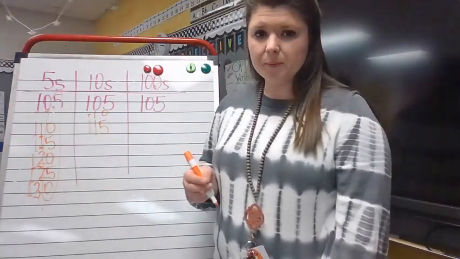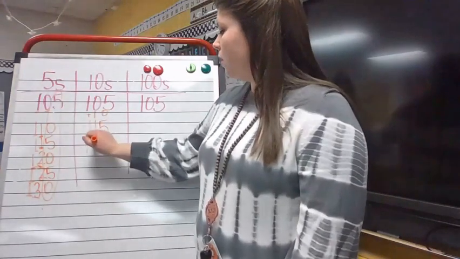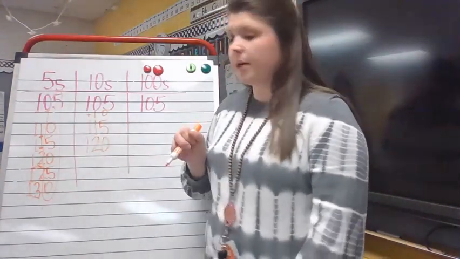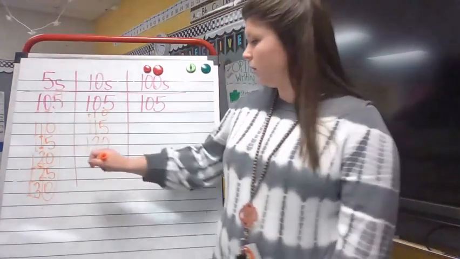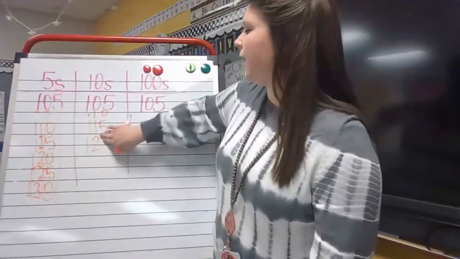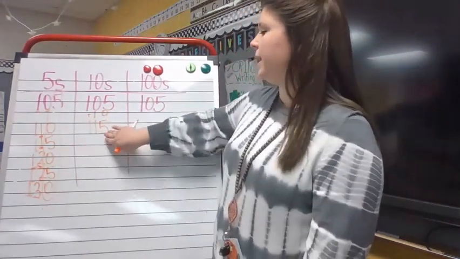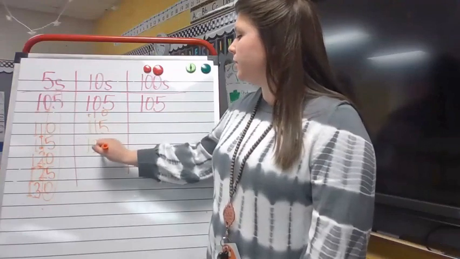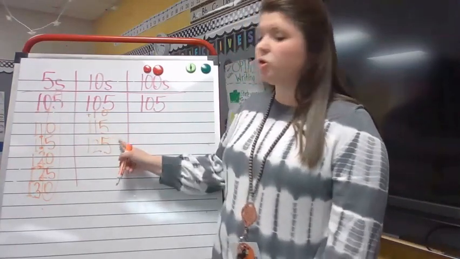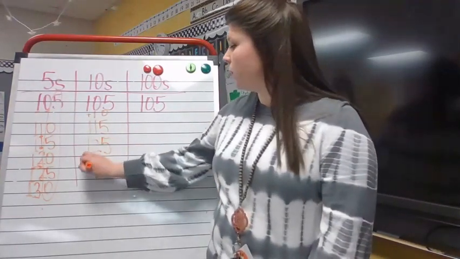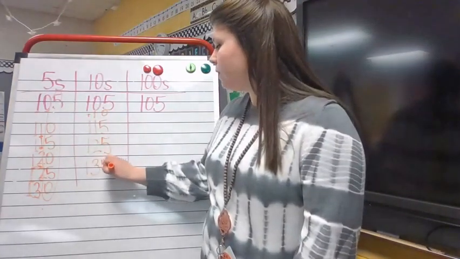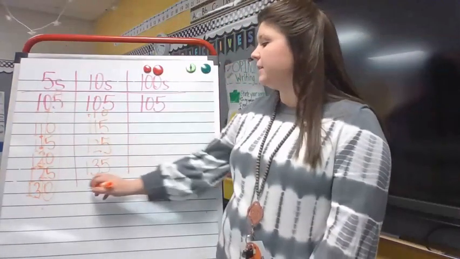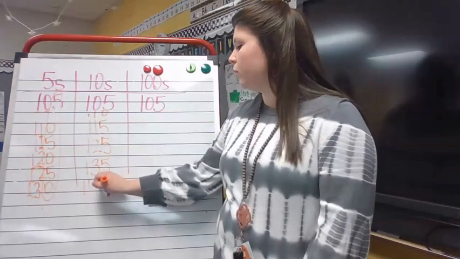How much is that? 125. I'm sorry, I added 5. 115 add 10 more is 125. 125 add 10 more is 135. 135 add 10 more is 145.